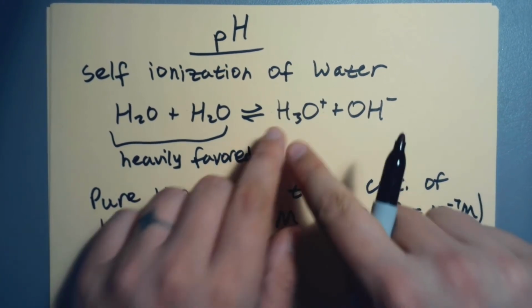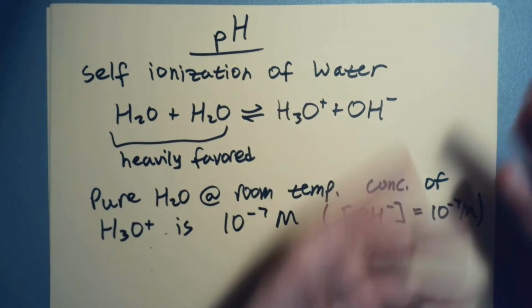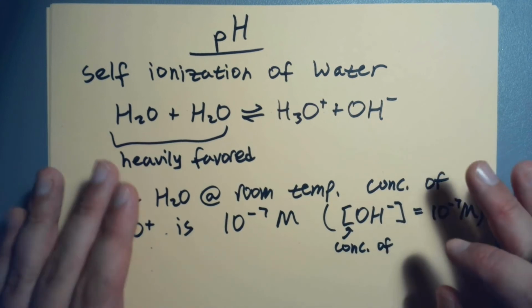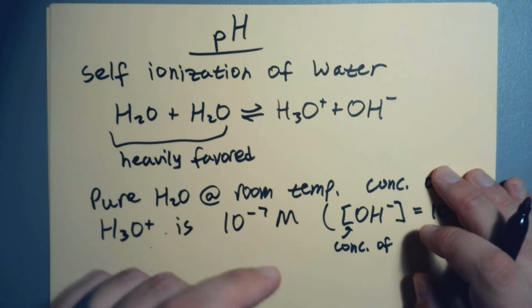Just so you know, you can't have this without this in this situation. We start shifting the balance of those by adding acids and adding bases. But pure water has H3O plus in it. It has H pluses that are associated with waters.